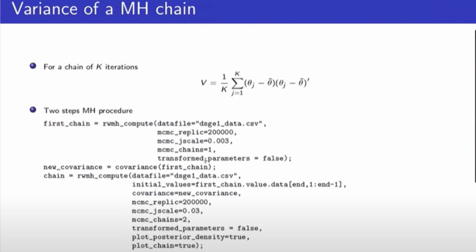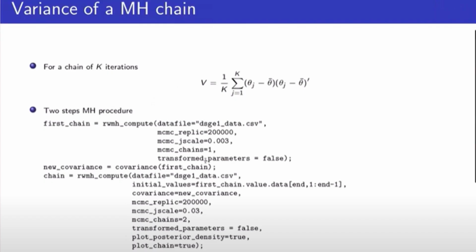Then we restart a new chain and there are mainly 3 things that must change. First, we change the initial value. You see, in the first instance, we didn't specify an initial value and therefore relied on the default of the Dynare computation. That is, if there is no initial value specified, we are going to take the prior mean.